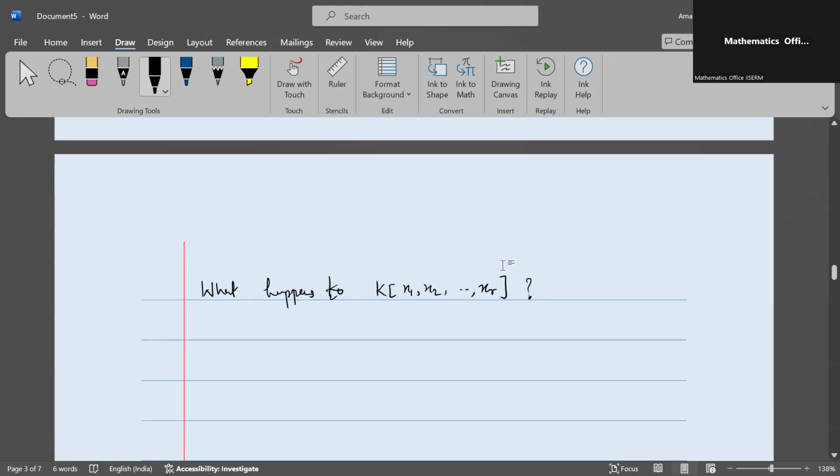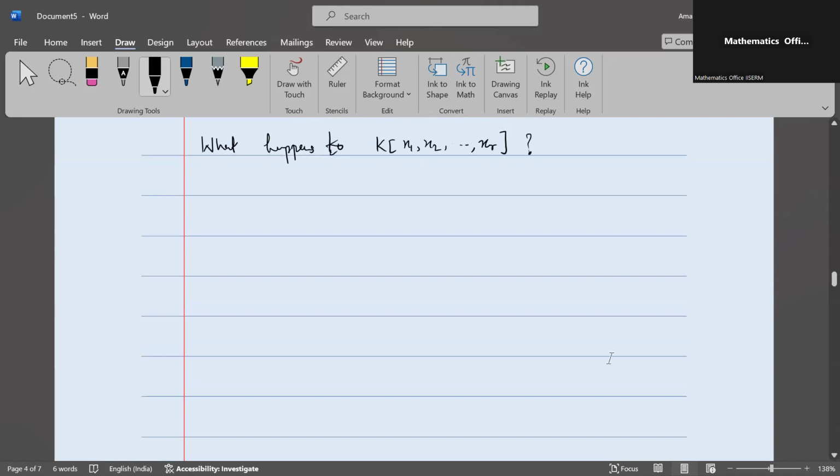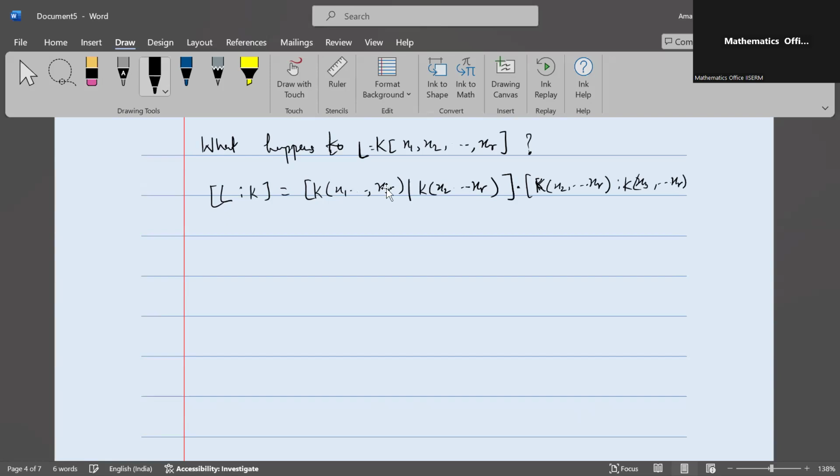So for this, what happens? Let me write it as L. The degree of L over k is the same as the degree of k(x1, up to xr) over k(x2, up to xr), into the degree of k(x2, to xr) over k(x3, to xr), and so on.